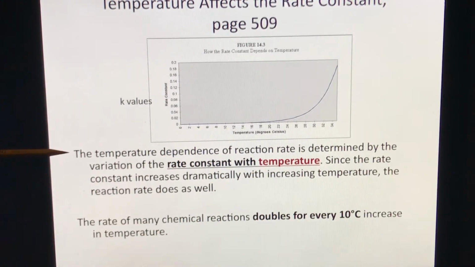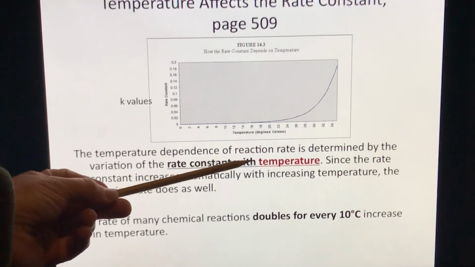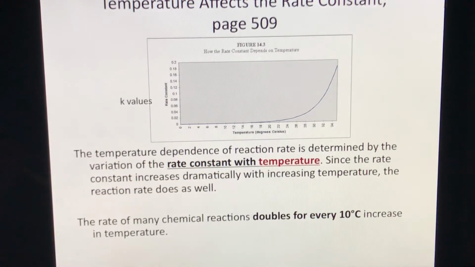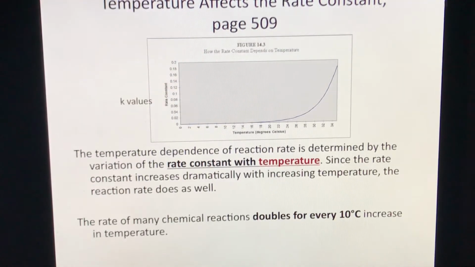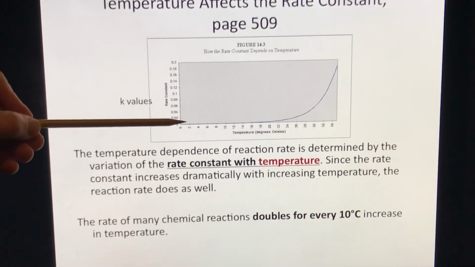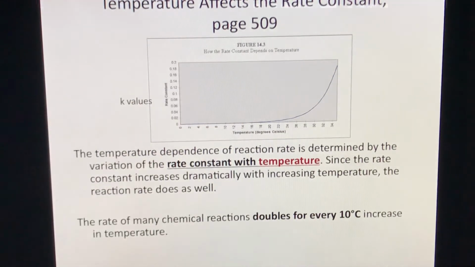So we know the temperature dependence of reaction rate is determined by the variation of the rate constant with temperature included. Since the rate constant increases dramatically with increasing temperature, the reaction rate does as well. So we know our reactions increase in rate the hotter that they get.